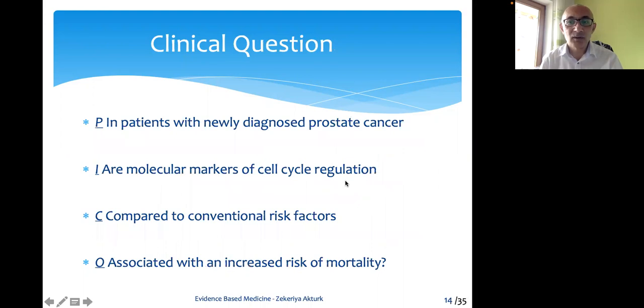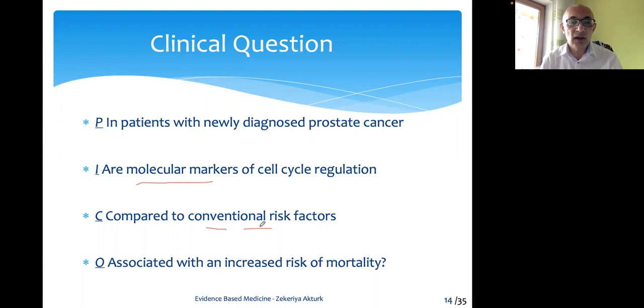So, what would be a question related to prostate cancer? Here's one. In patients with newly diagnosed prostate cancer, it's about the molecular markers. Are molecular markers of cell cycle regulation, compared to conventional risk factors, associated with an increased risk of mortality?